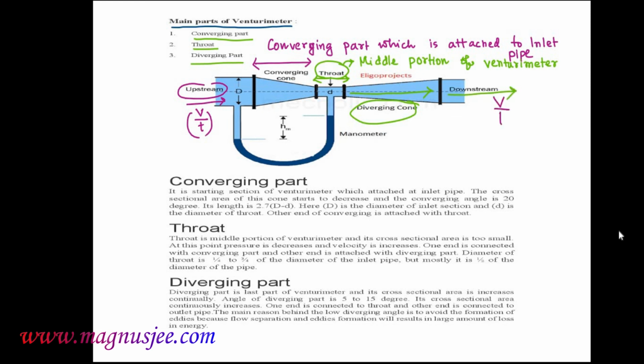Liquid emerges from the diverging part with the same rate V/t, and a manometer is connected to the converging part through the upstream portion and the throat. So there are three parts of Venturi meter: converging part, throat, and diverging part.